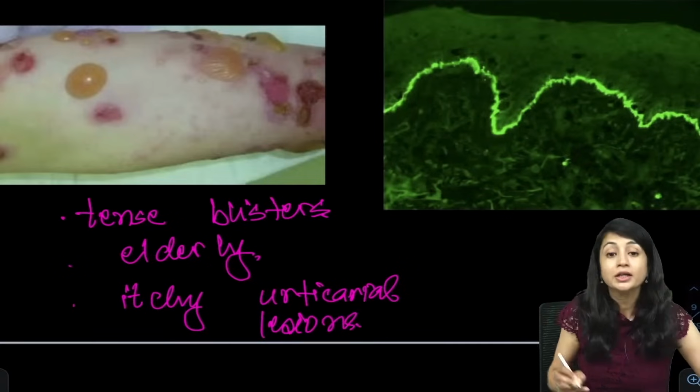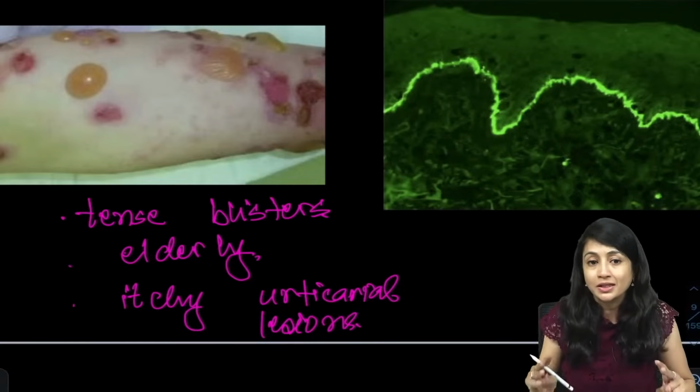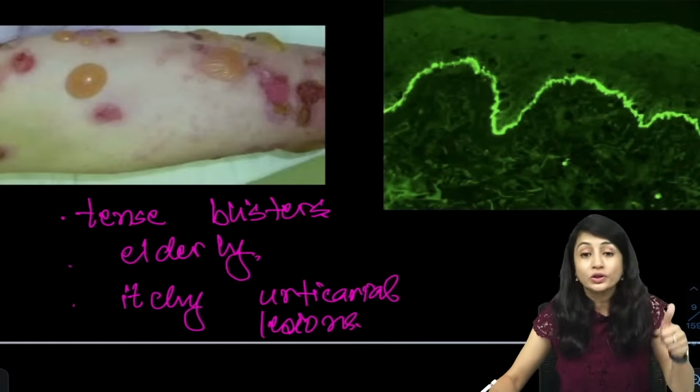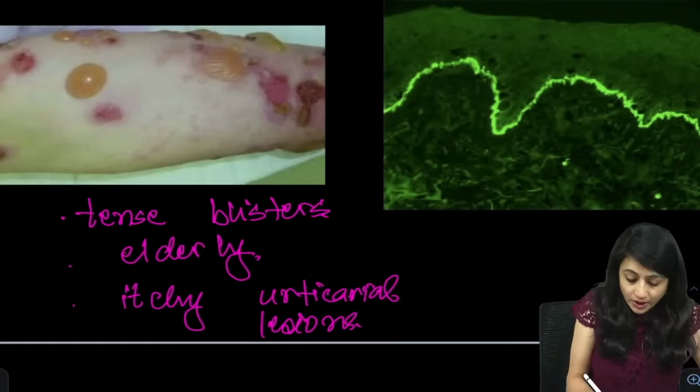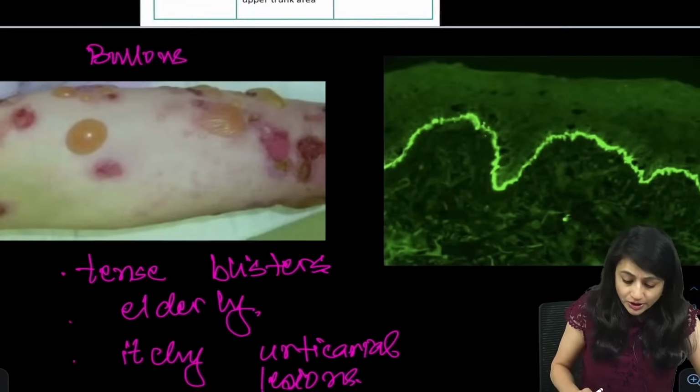Any of these 3 present in the history, the diagnosis becomes absolutely right, bullous pemphigoid, which is a type of subepidermal immunobullous disorder.